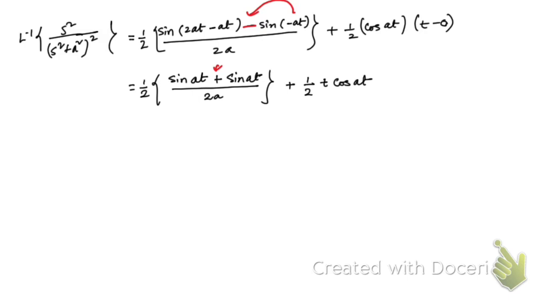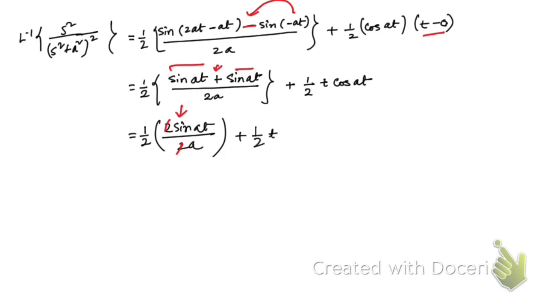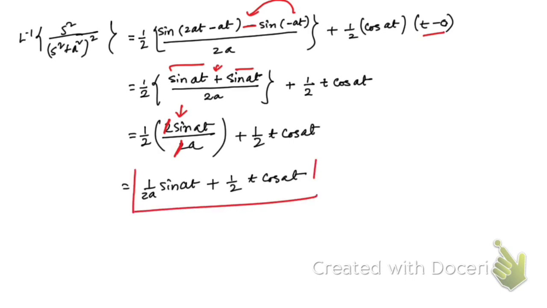Here you see, t minus 0 is t, so I have written the t first. Okay, so this is the result. We're gonna have sine at plus sine at, 2 sine at, so the 2s cancel. That's what we're gonna have, which can be written this way, right? So this is the answer.